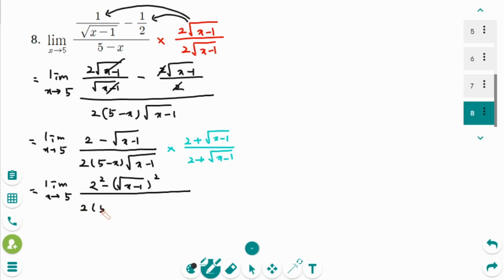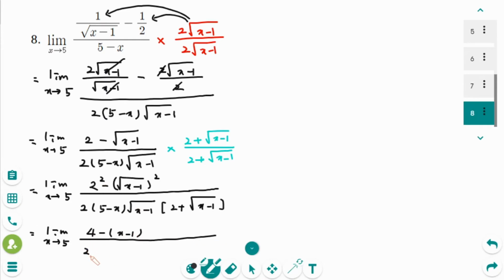The denominator is 2 times (5 − x) times √(x−1) times (2 + √(x−1)). And then simplify the numerator: 4 − (x − 1) over 2(5 − x)√(x−1)(2 + √(x−1)).